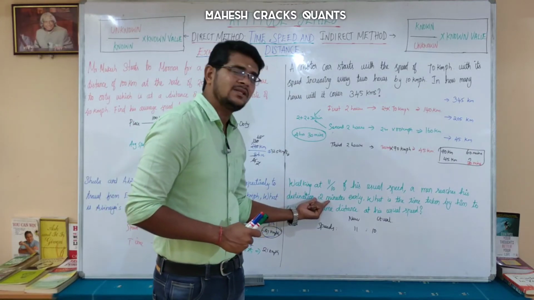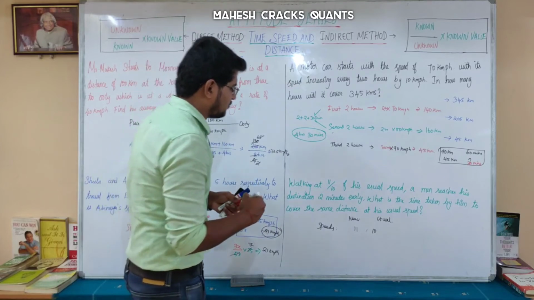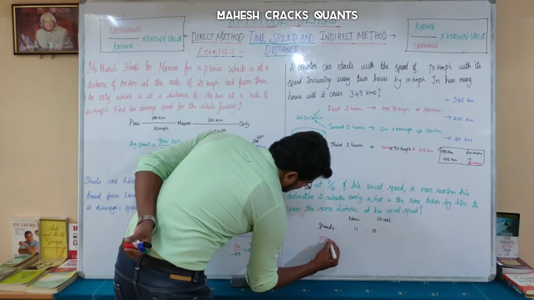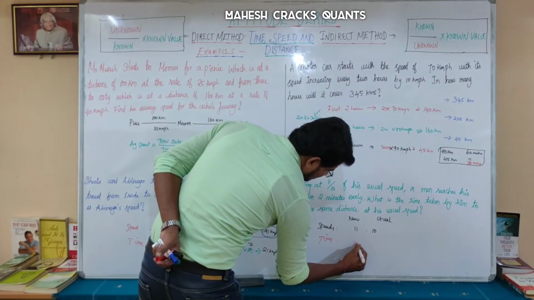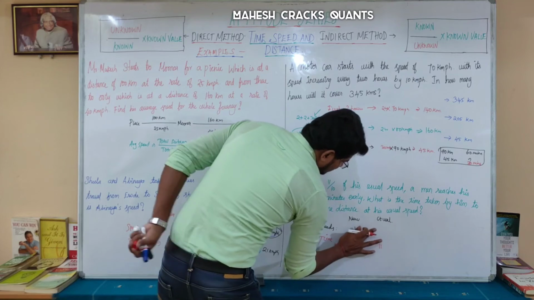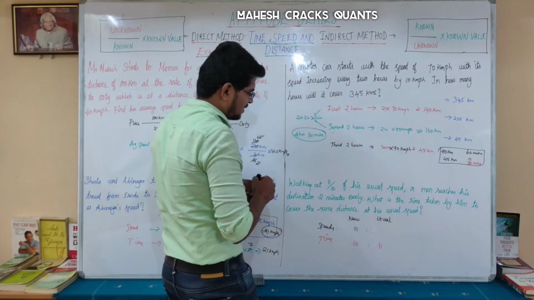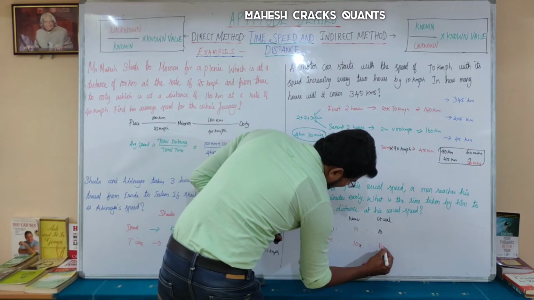I have the time difference between these two. So then find the ratio of time. I have the ratio of speed. What is the time ratio? Which is inverse. So new is 10 and usual is 11. So 10x, 11x.